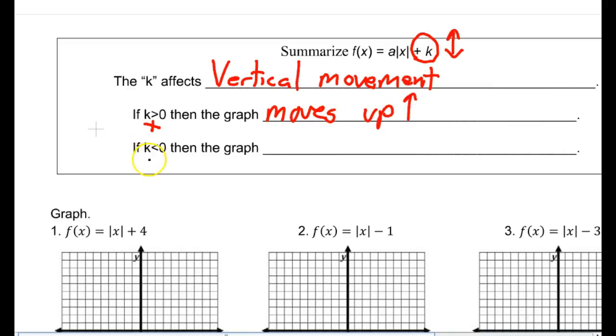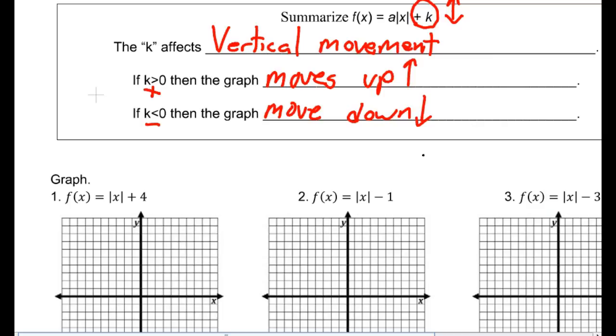And if K is less than 0, if K is negative, it's going to move down. Nothing more than that. But we're going to add in some more values here, so it's more about keeping track of which number you look at to see if it moves up and down.